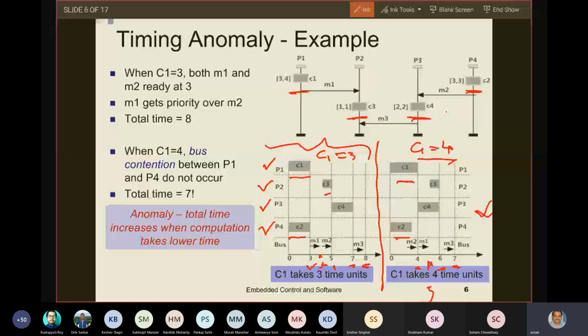So therefore what we are pointing out here is that correct estimation of the execution times of programs is very important to determine how much time a task will take to run in the worst case.